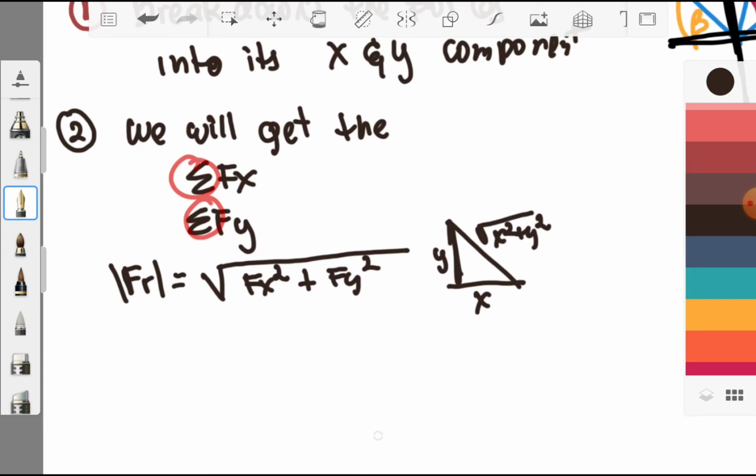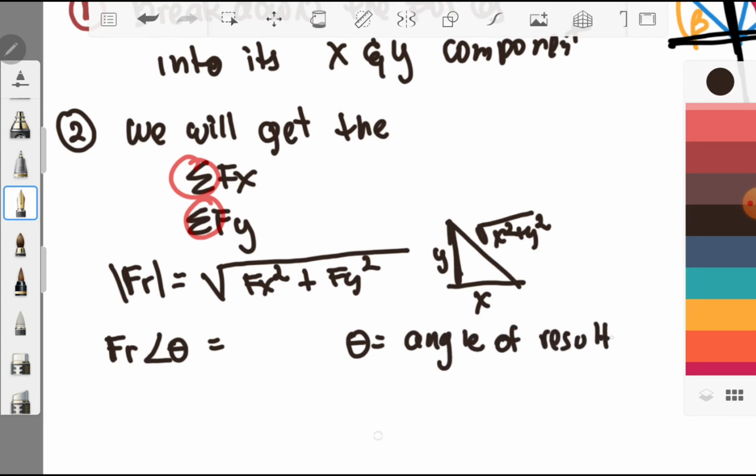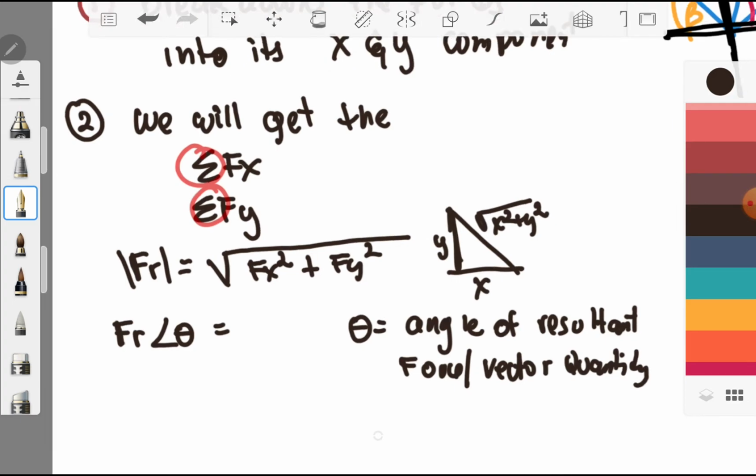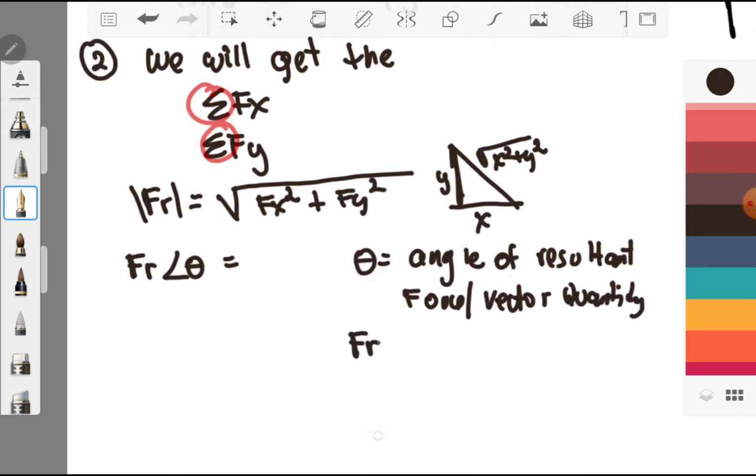After getting this, we will get the value of your FR with angle theta, the angle of your resultant force. Take note that theta is the angle of the resultant force or vector quantity, and your FR is the magnitude of the vector quantity.